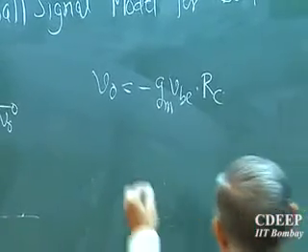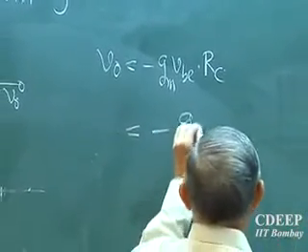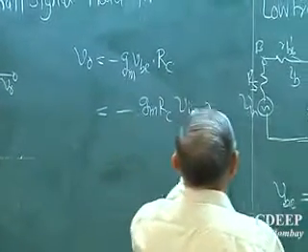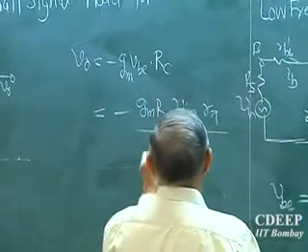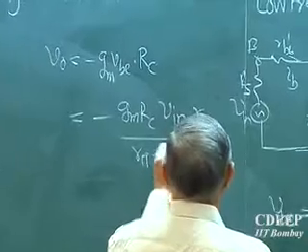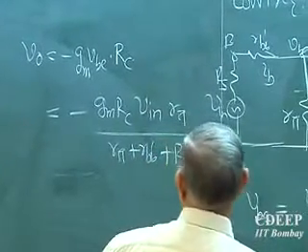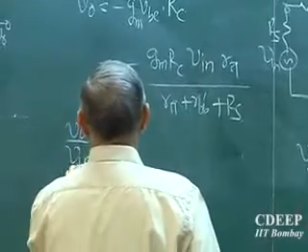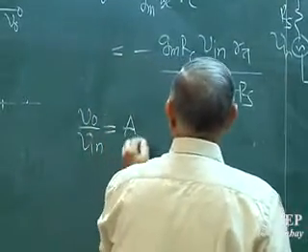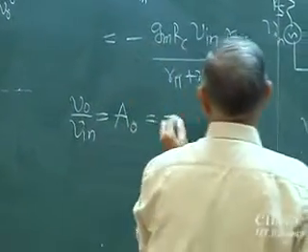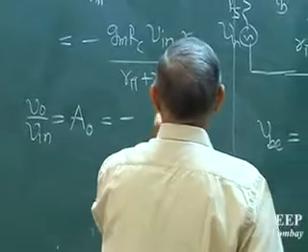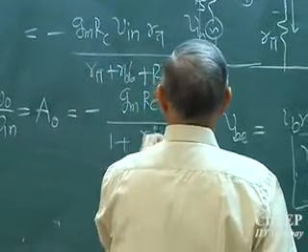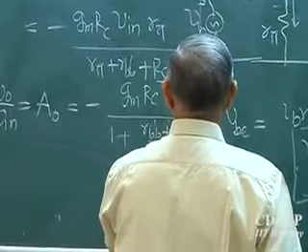So if that's so, I can write minus gm RC into Vin into R pi divided by R pi plus RBB dash plus RS, or to say V0 by Vin is called DC gain, is minus gm RC upon 1 plus RBB dash plus RS upon R pi.